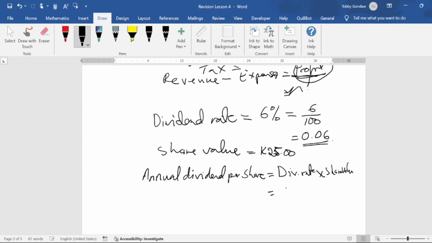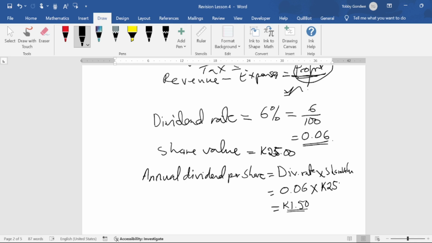So the dividend rate is 0.06 multiplied by the 25 kwacha. 0.06 times 25, we get 1.5. We get a 1 kwacha 50 ngwe per share. That is the dividend per share. Meaning each share will accrue or will attract 1 kwacha 50 ngwe.